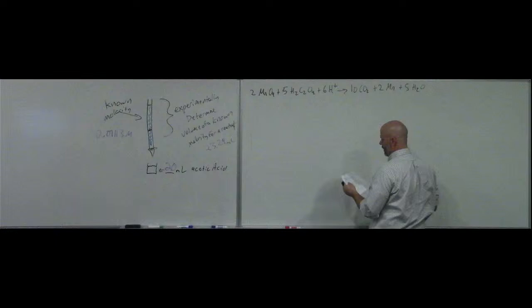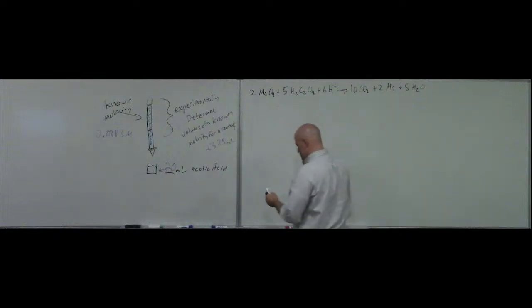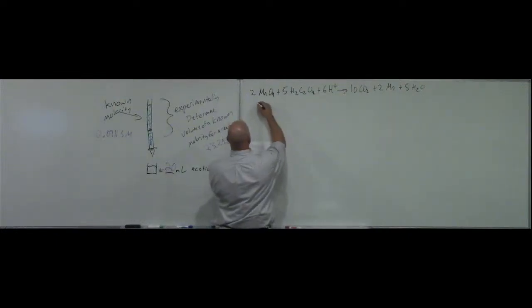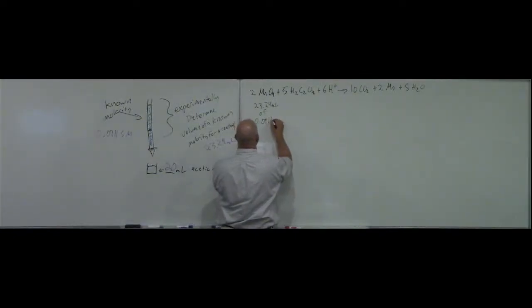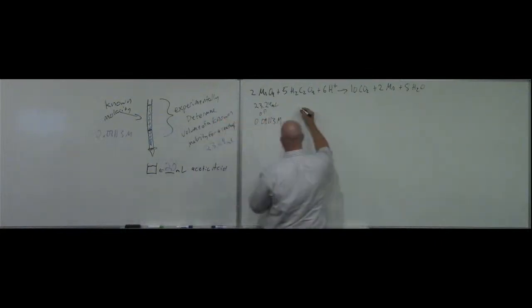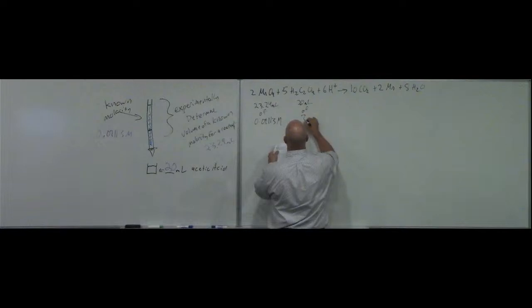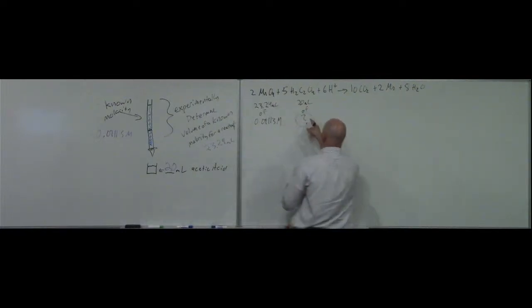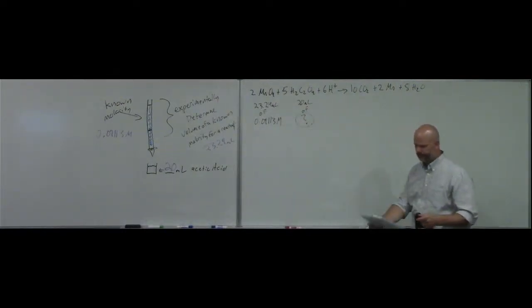Okay? And I was told that for this I have 23.24 milliliters of a 0.09113 molar solution. And that is reacting with an unknown molarity of 20 milliliters of this. I'm solving for this right here, right?